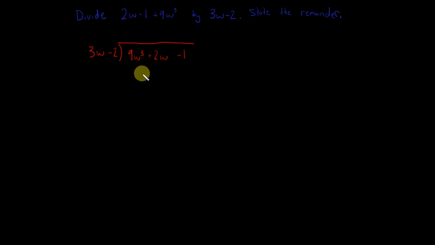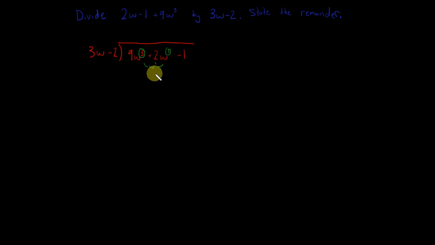But there's one thing we have to do to set this up in order to correctly divide it. We start off with a 9w cubed, and then we go to 2w, but there's something missing. We don't have a w squared in between these two, and in order to do it, we have to have a w squared.